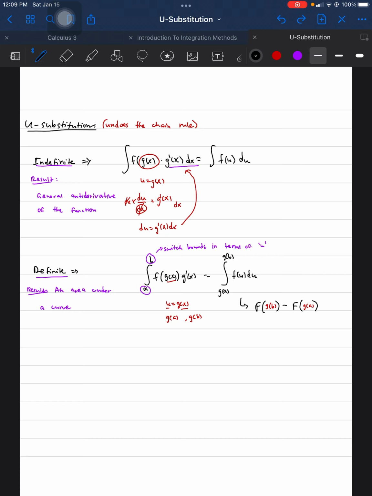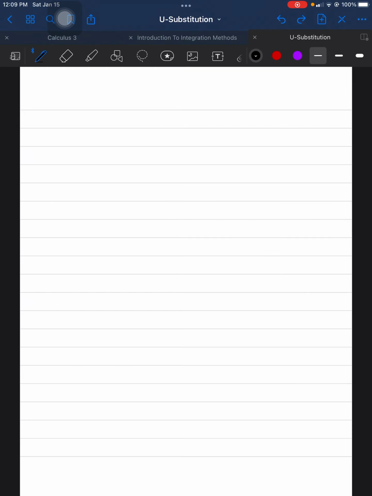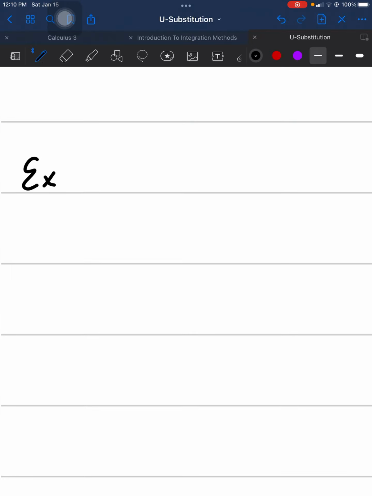The definite U-substitution takes into account this whole process, so I'm just gonna go straight to definite U-substitution. So let's do that. Right here, example.